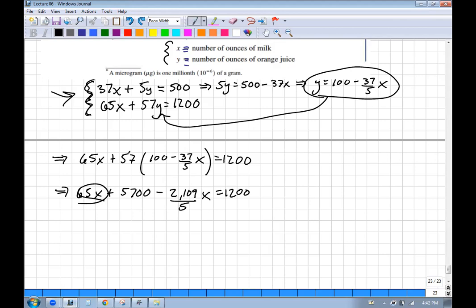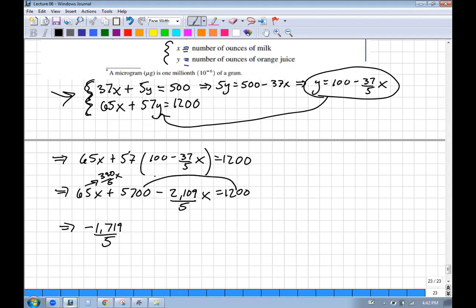So if I have this minus that to combine like terms, I need a common denominator. If I multiply 65 by 5, this is the same thing as 390 over 5. So 390 minus 2109 is going to give me negative 1719 over 5.